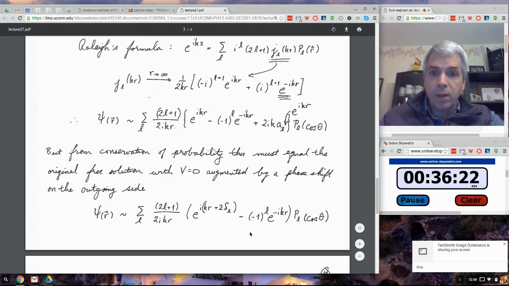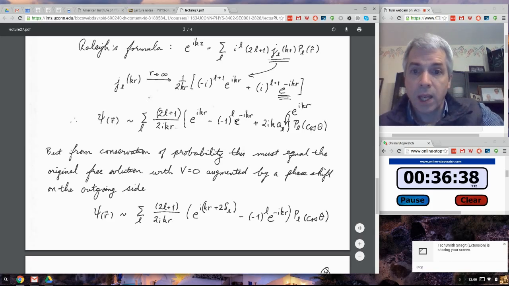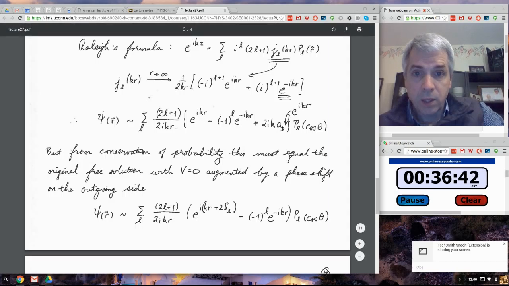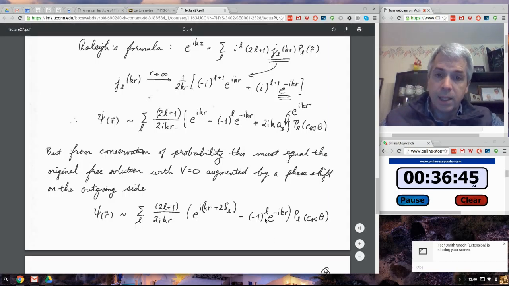Here's the incoming wave. It's identical to this one. So that means put all the numbers right beside it, just the way they were here. So I put these coefficients out front, and I put the P sub L beside it, so that my incoming wave has exactly the same strength as I had before, because I'm going to try to do a comparison between this and this expression.